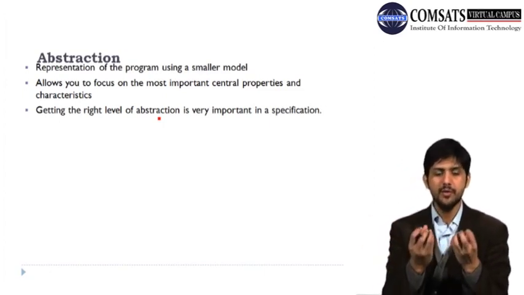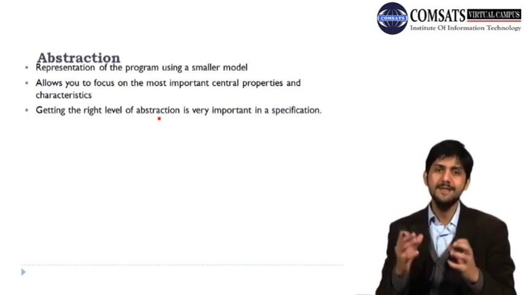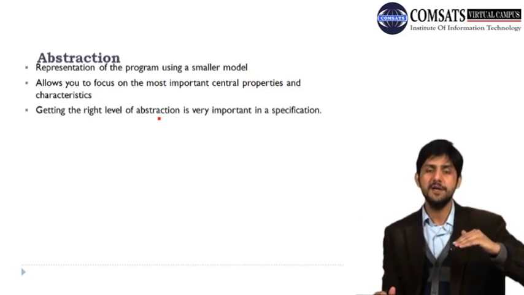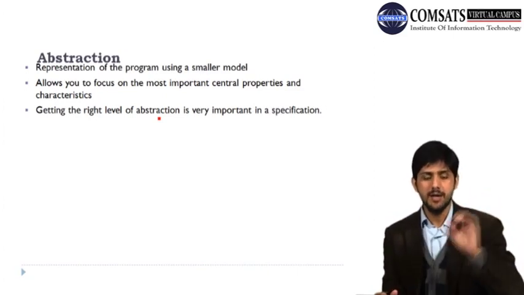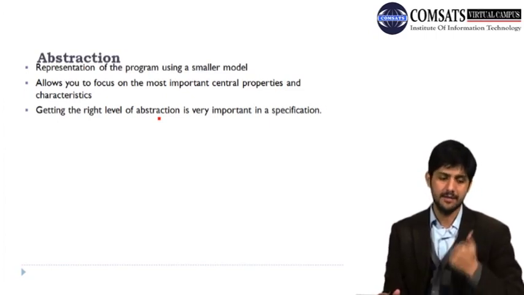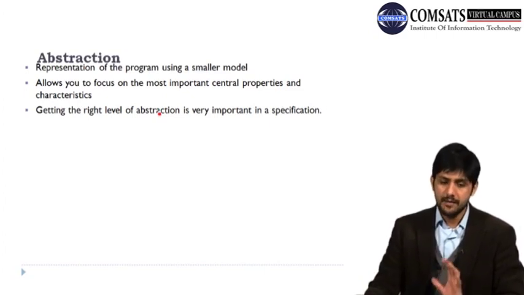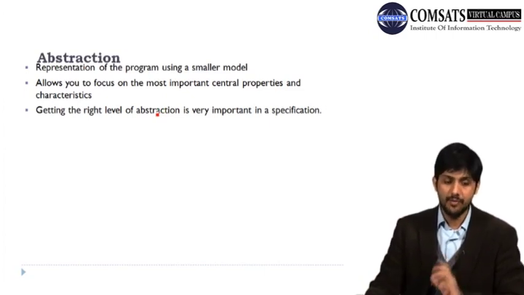So we are going to pick only those smaller things which actually matter. Maintaining this high level of abstraction, or only focusing on the things which matter, allows you to focus on the most important central properties and characteristics of the system. And getting the right level of abstraction is very important when we are specifying these requirements formally.